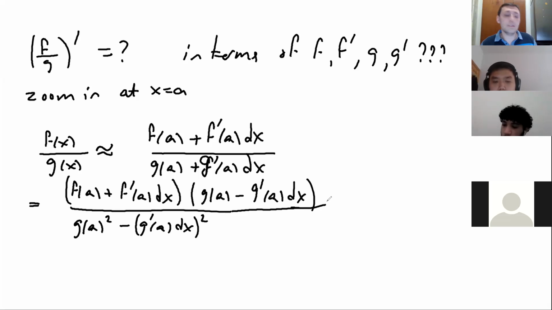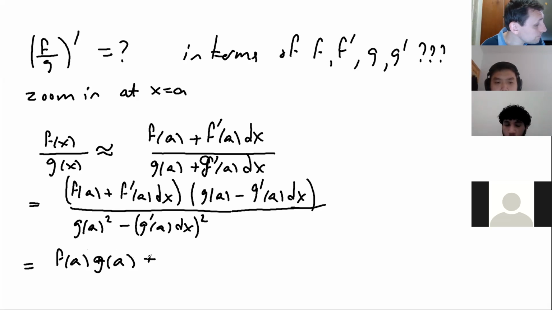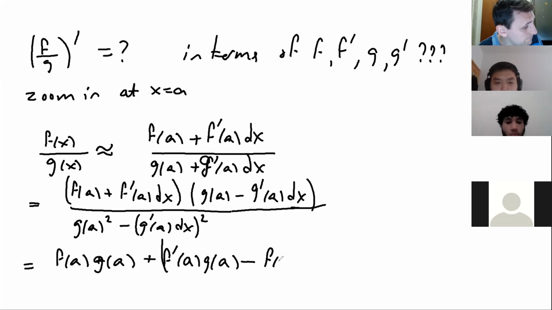And then I simplify what I have in the numerator. So what would that be? That would be f a g a plus f prime a g a dx, minus, you see this times that is minus f a g prime a dx.